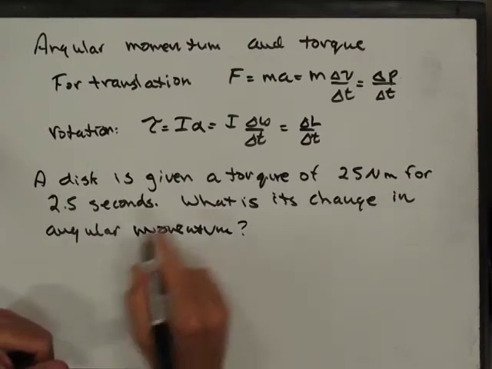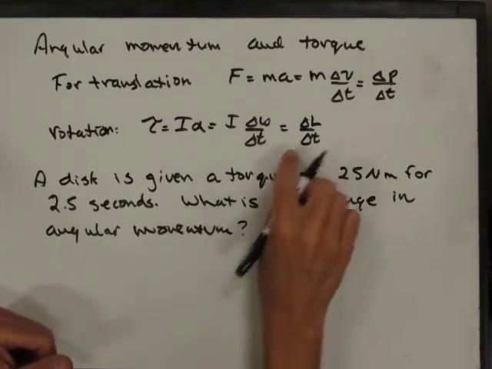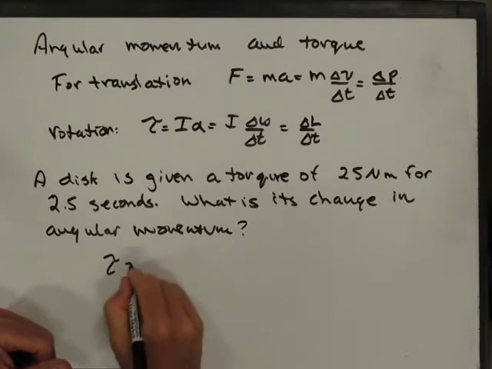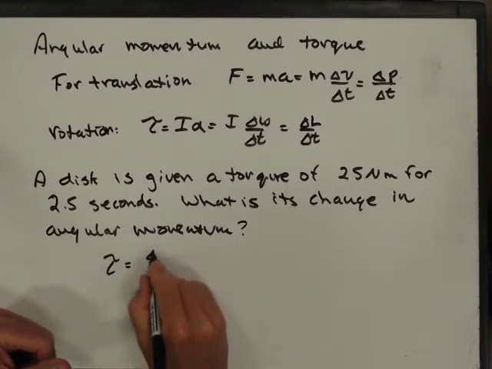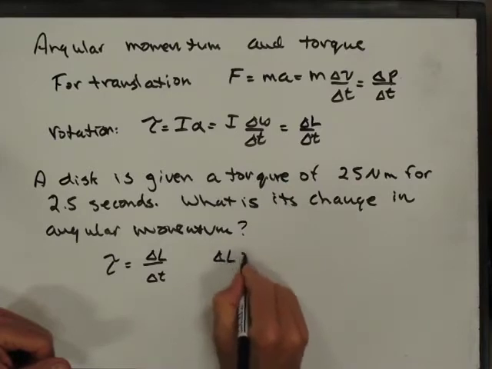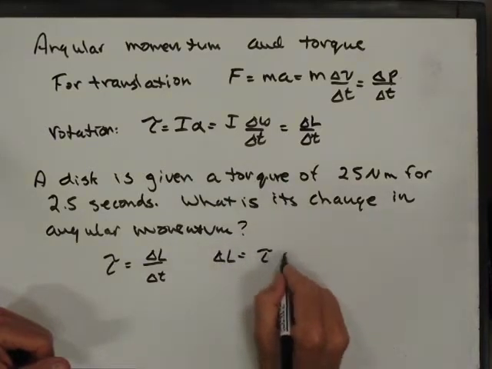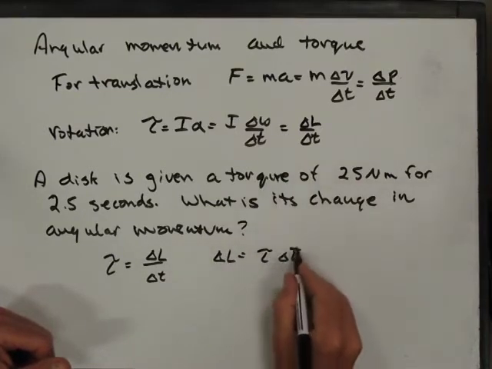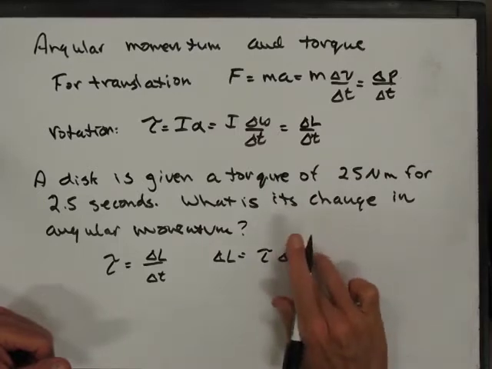And so we can just grab this equation and say the torque is equal to the change in angular momentum over the change in time, or the change in angular momentum is equal to the torque times the change in time. This is kind of like an impulse type equation.